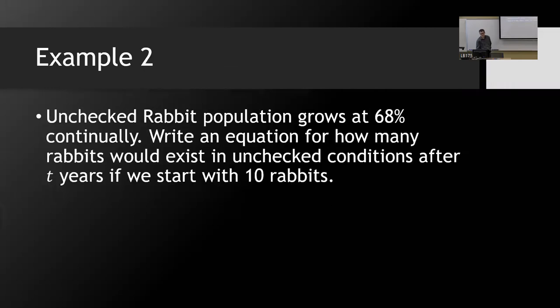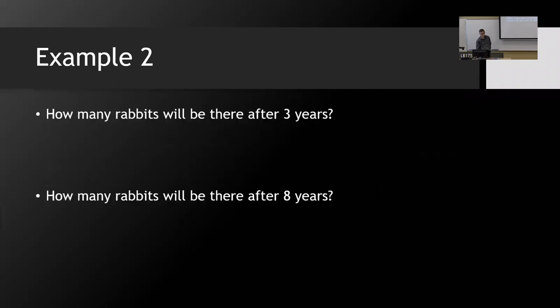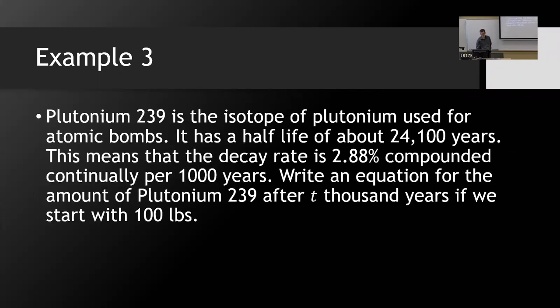We've done a couple of examples. We did an interest calculation and a rapid growth population. Let's do another example. Now, this one is about plutonium-239.